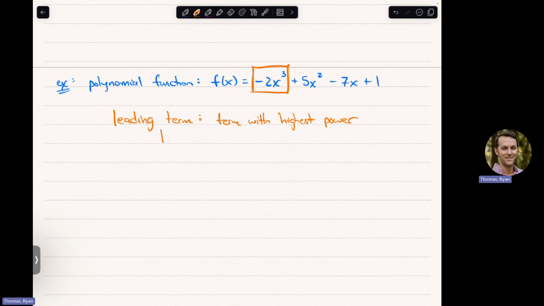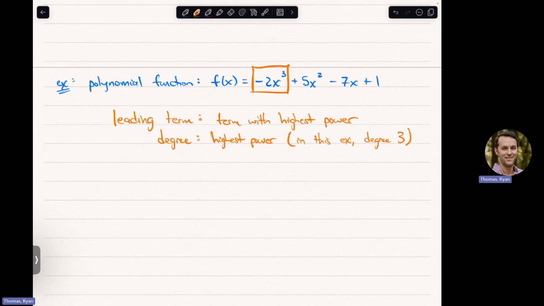Whatever that highest power is, we call it the degree. So the highest power that appears in a given polynomial, that's its degree, in this case 3. In this example, the degree is 3.